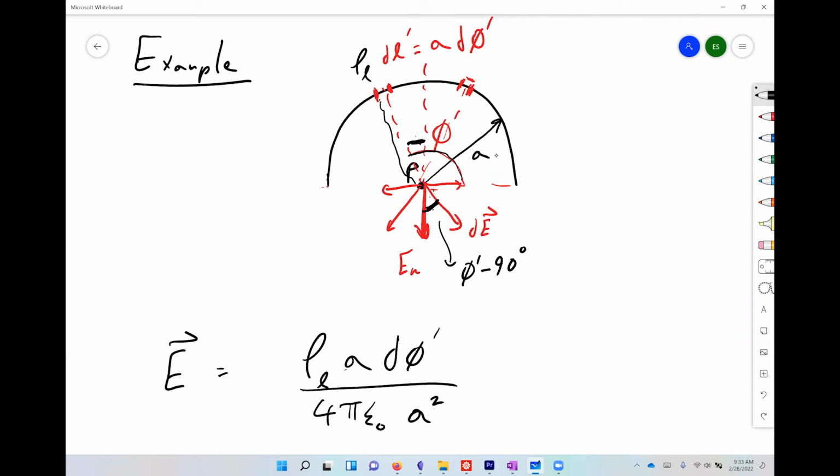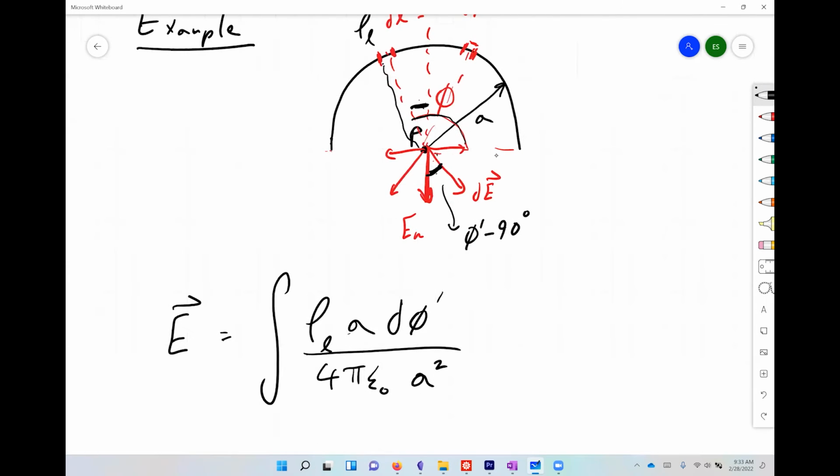And that's it. That's what we're integrating over. So we have to integrate this from 0 to 2 pi. Sorry, from 0 to... well, we could do from 0 to pi.